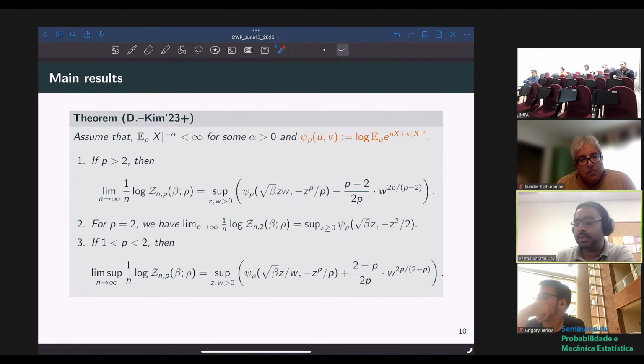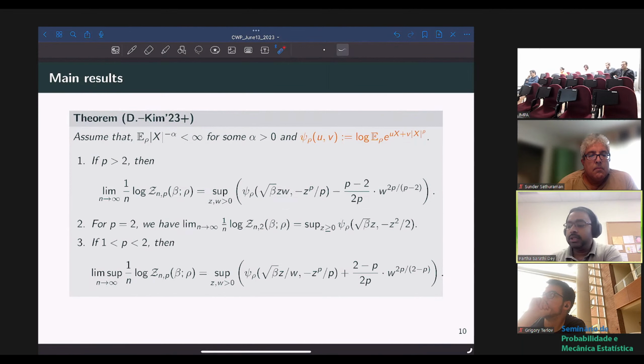Now I'll go back to the p less than 1 case, because in that case, we need a different scaling. 1 over n is not the right scaling. So what this says is that the log-partition function has a non-trivial limit. And now one can try to understand whether this function has a unique maximizer. If yes, then what are the maximizing points and so on, which will give us more results.